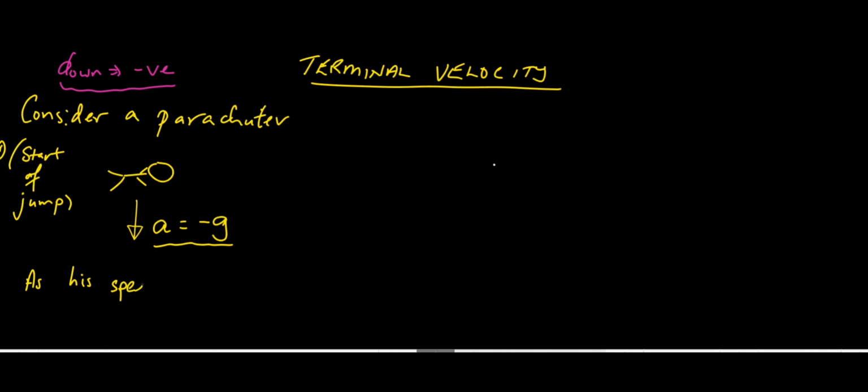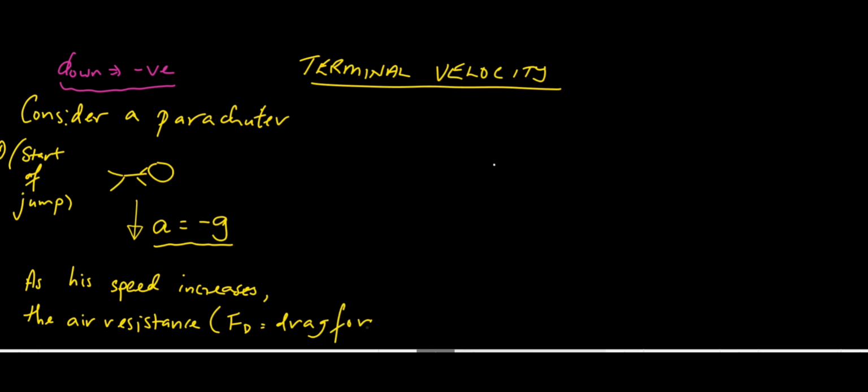As his speed increases, air resistance, which we'll denote as drag force, Fd, also increases. Now, please note that air resistance is a resistive force exerted by air on particles that move through it.